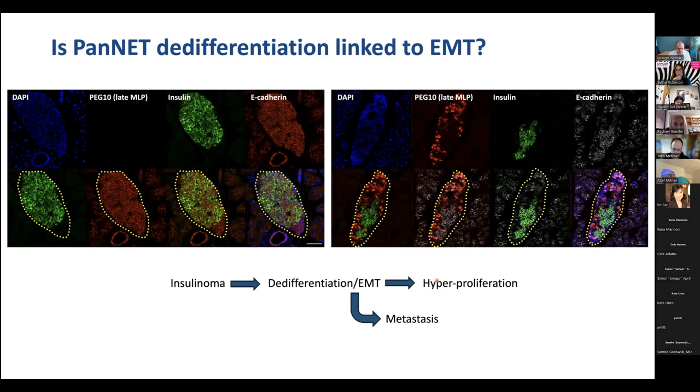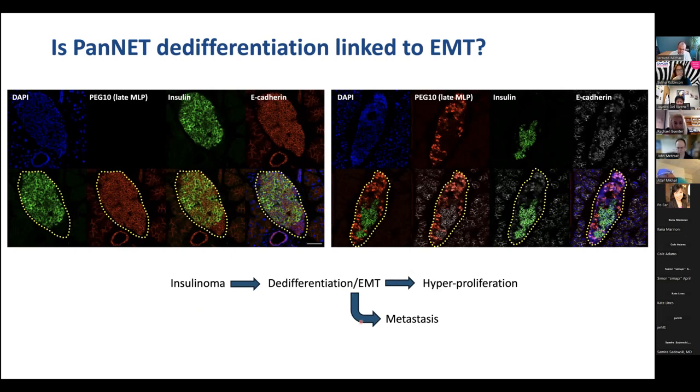So what does this tell us? At least the model we have right now is that when you start, in this case, from an insulinoma, you activate this plasticity and dedifferentiation with different master regulators, and very closely, this is linked to EMT. Now, we don't know whether, if you inhibit plasticity, you also inhibit EMT.